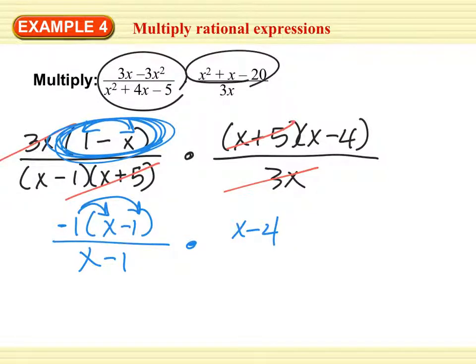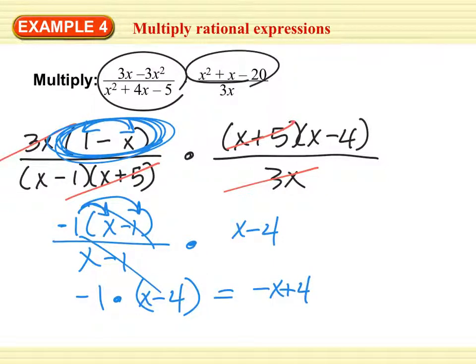It's a trick. But now I can cancel this, and I'm left with -1 times x minus 4, or -x plus 4, right? Which is correct, or 4 minus x, which is also correct.